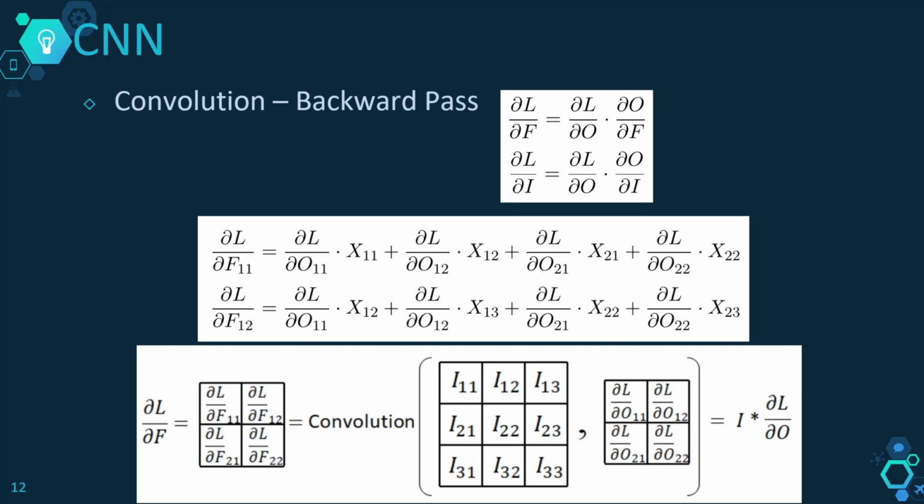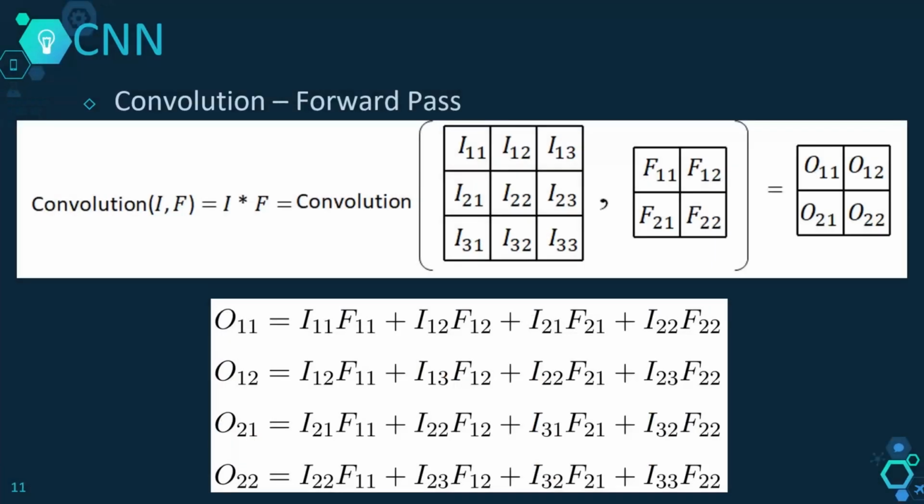To get this, we just give you one example, partial L, partial F. How to do that? Go backward because we need to get partial L, partial O, then get partial O, partial F. For partial O, partial F, we just need to go back to the previous slide. You know O is a function of F. So if you take the derivative of O with respect to any F, you will get the corresponding I, right?